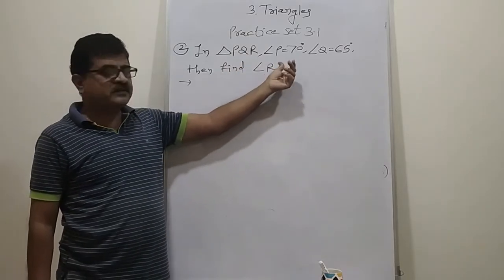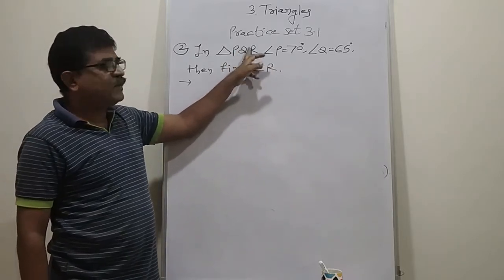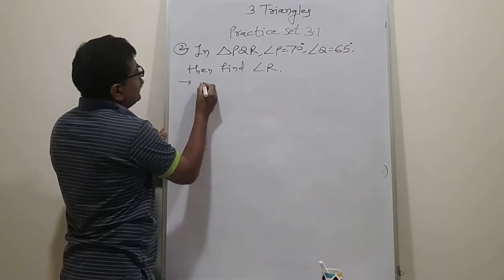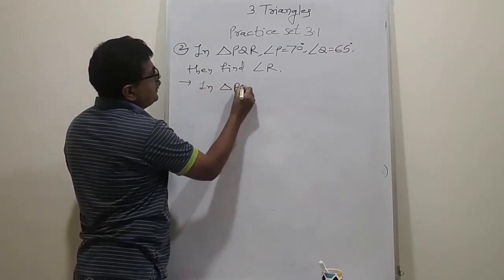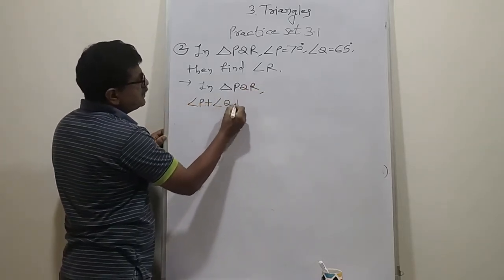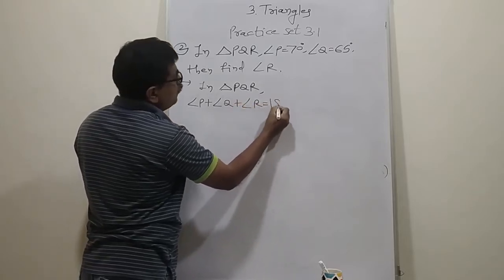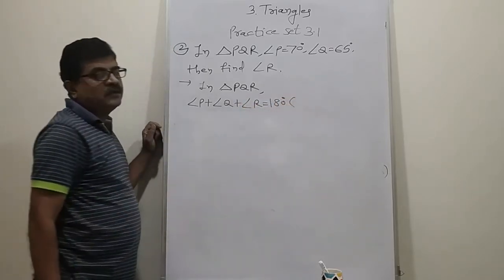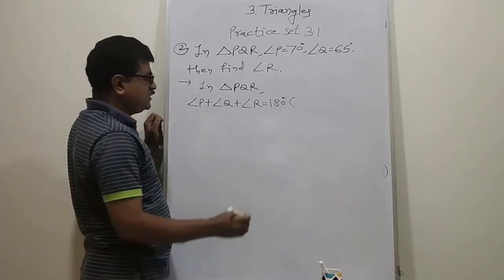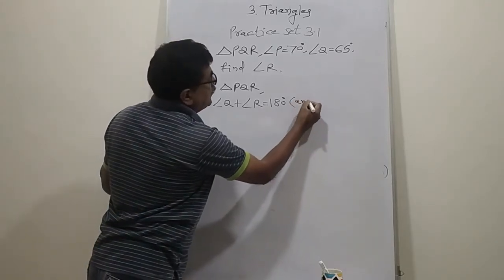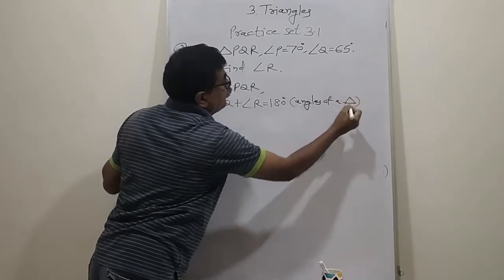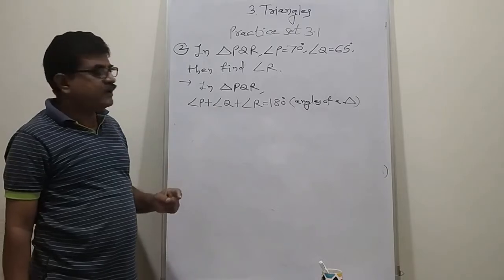By using this theorem, this property, we can find the value of angle R. Now write down, in triangle PQR, angle P plus angle Q plus angle R is equal to 180 degrees. Reason in brackets: angles of a triangle. Therefore, its sum is 180 degrees.